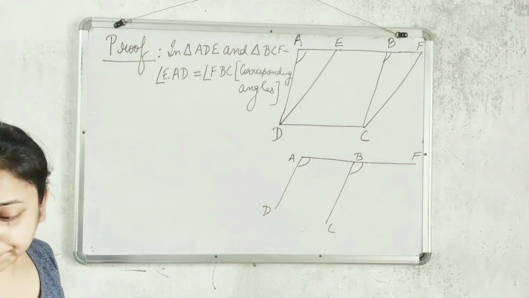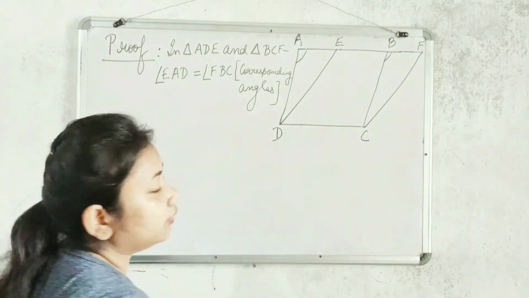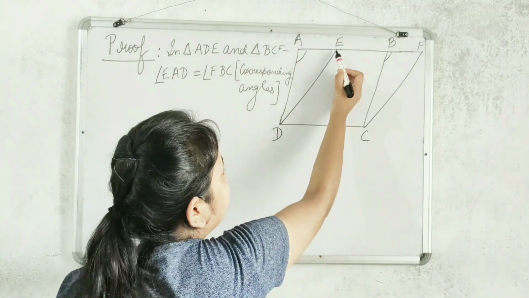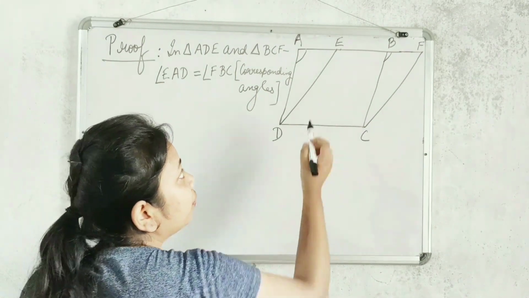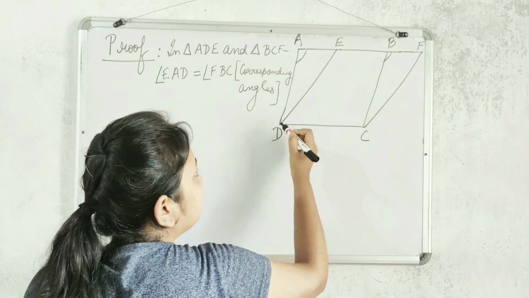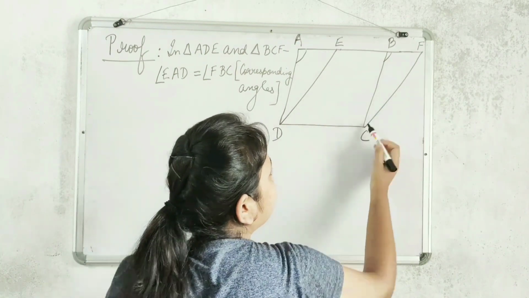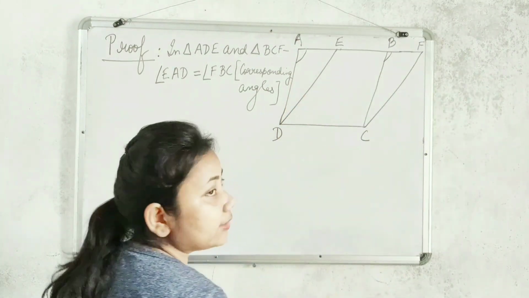Next, the second condition. EFCD is also a parallelogram, so definitely the opposite sides are parallel. ED and FC are parallel to each other and AF is the transversal.